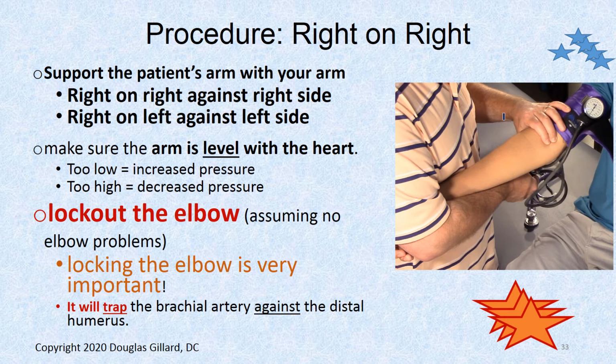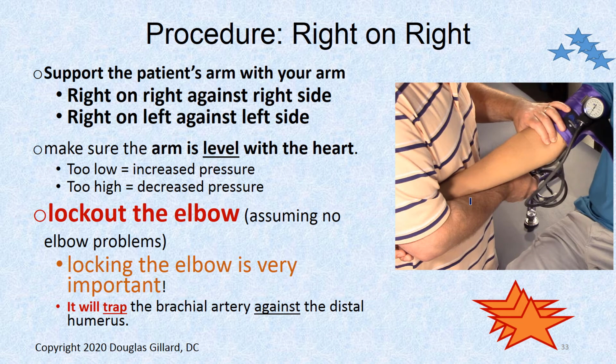So make sure you do that. And now, how do you set up like this? I always remember right on right. So always try to do the right arm. You're going to pinch their wrist between your right arm and the right side of you. If you're a female, don't push their arm into your breast tissue.